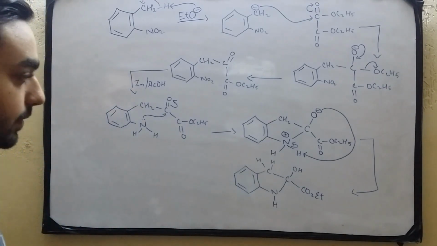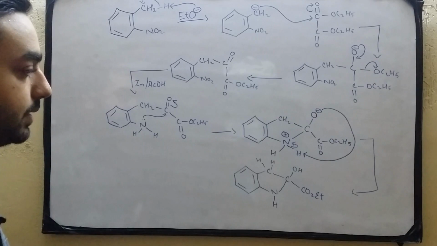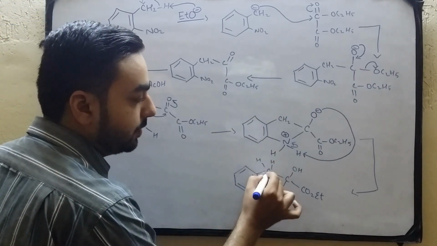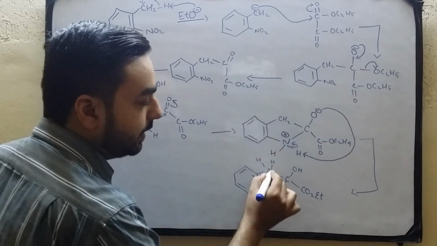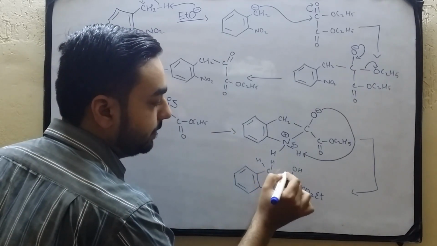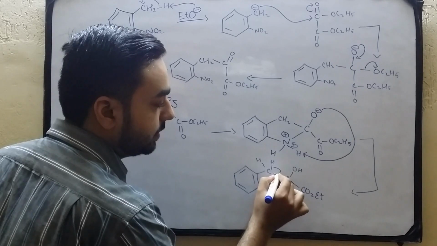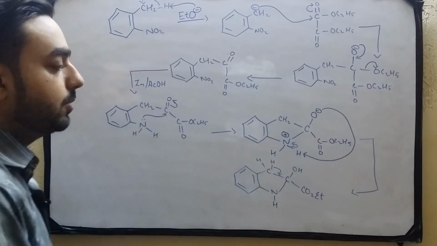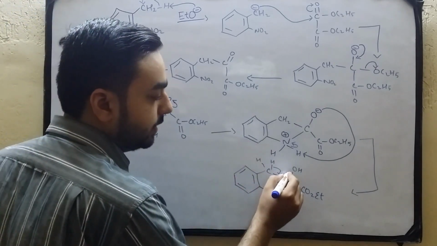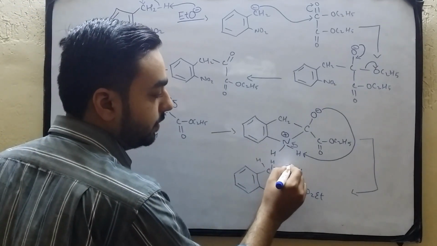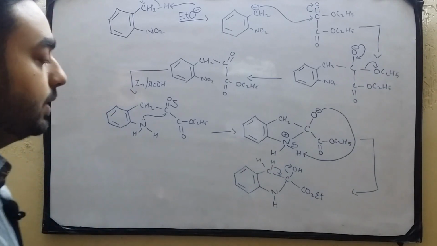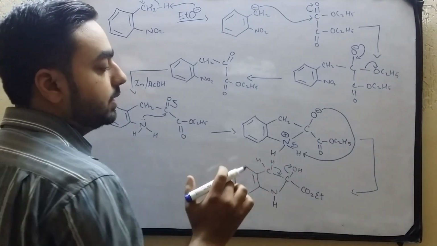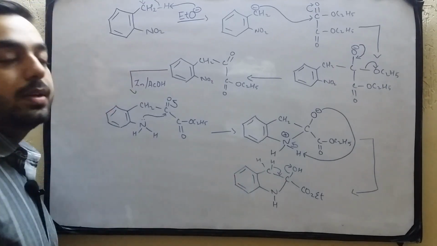Okay, now a very interesting step. What will happen? This carbon hydrogen bond will break and it will be shifted between these two carbons. Now you know that carbon cannot bear 5 bonds, so this bond will break and it will shift on this oxygen, or in other words you can say that 1 H and 1 OH means one water molecule will be removed.